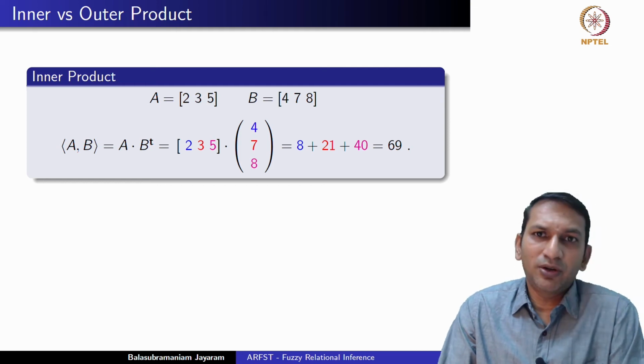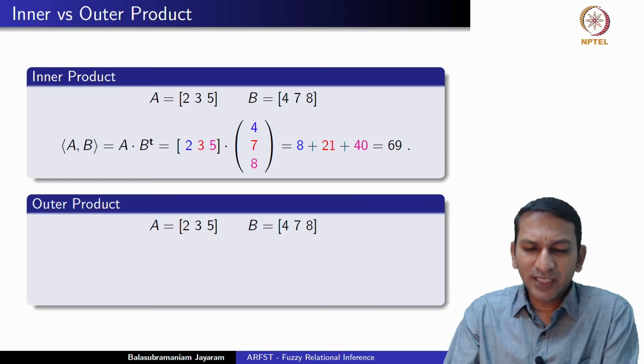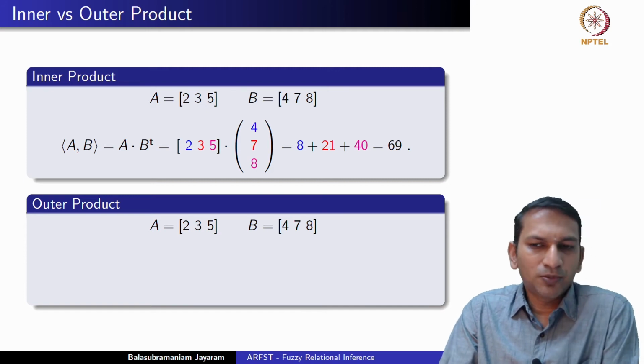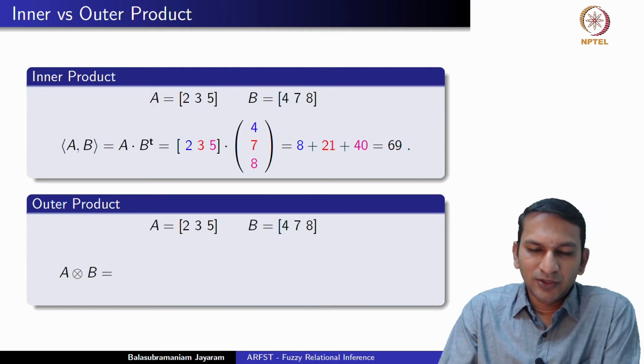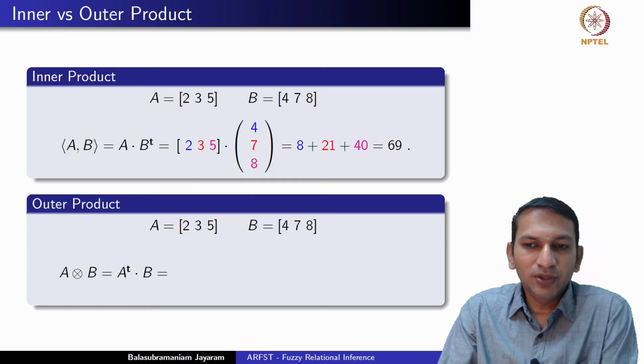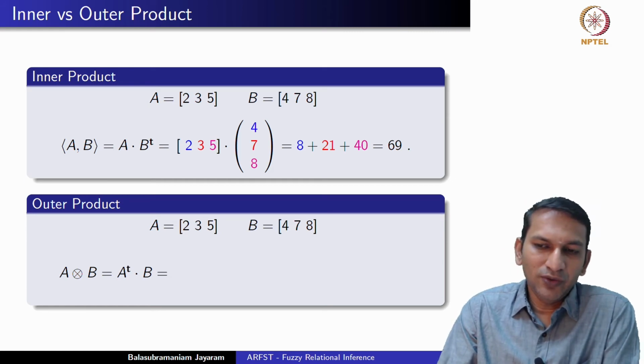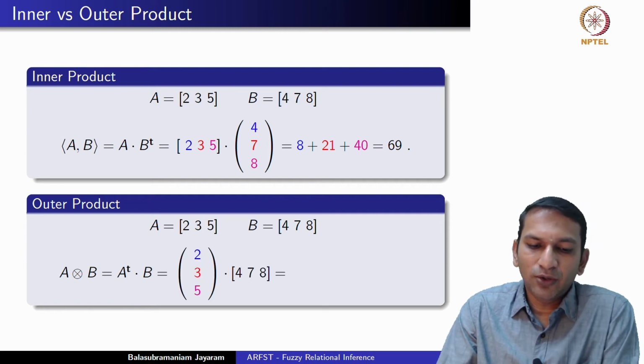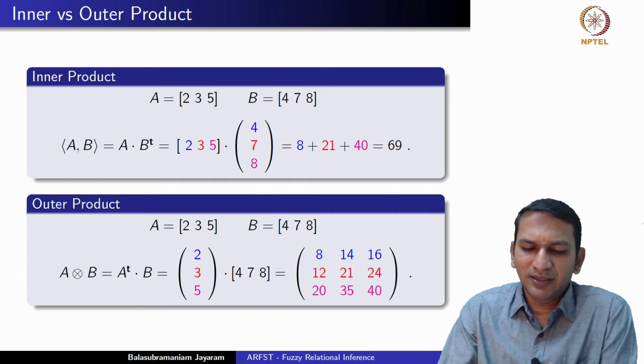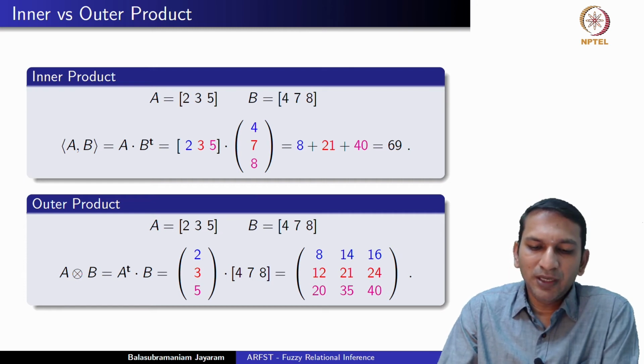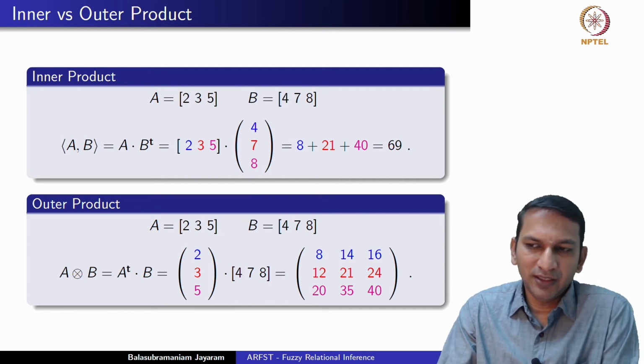But there is also something called an outer product. For the same two vectors, how does the outer product look? If you use this symbol to denote the outer product, we take the transpose of A and multiply it with B. So now it is column into row. Now what do we obtain? We in fact obtain a matrix here. Essentially, we are multiplying 2 with all the elements of B: 2 into 4, 2 into 7 and 2 into 8, and we write it in the first row.